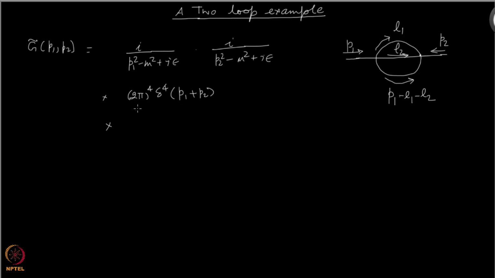So eventually what you have is the following: d^4 L1 over (2 pi)^4, d^4 L2 over (2 pi)^4. This is finally what you will get. And if you are not sure how I am getting this, you go back to the initial steps and repeat it, and you will eventually end up here. So let me write down the propagators that you will get.